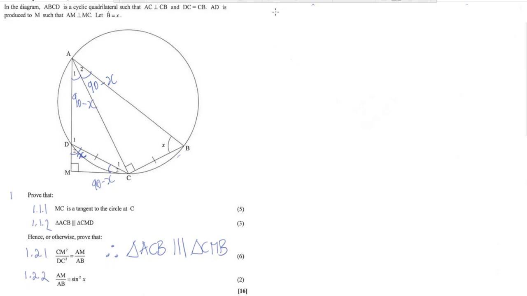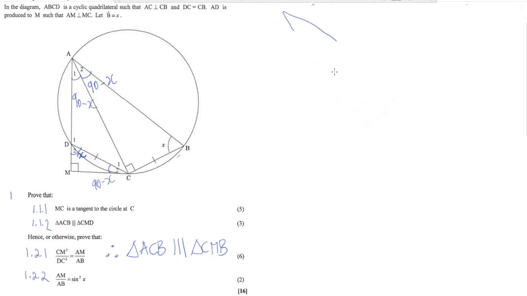All right. Now let's look at the next question. What I like when you're doing a question like this one is to separate the triangles. Let's look at the first triangle, our given triangle.